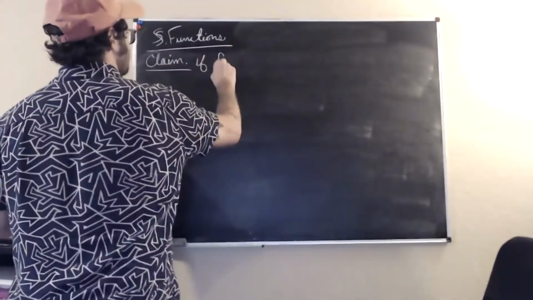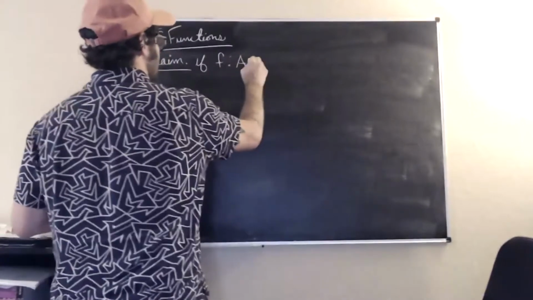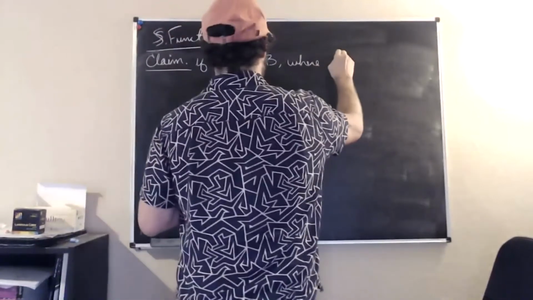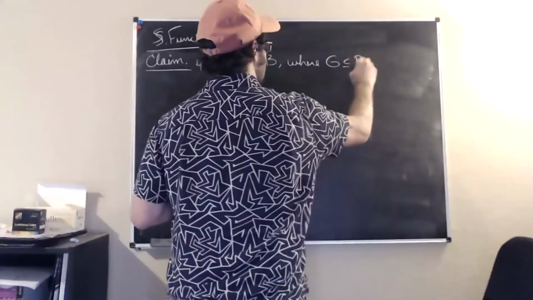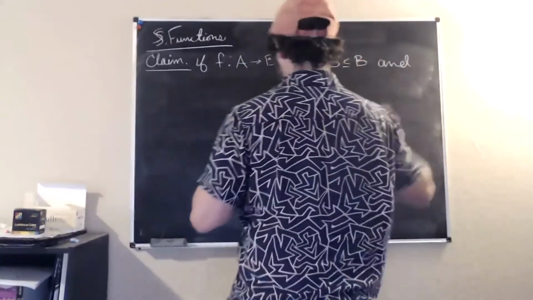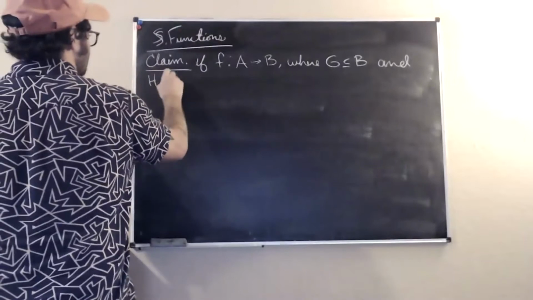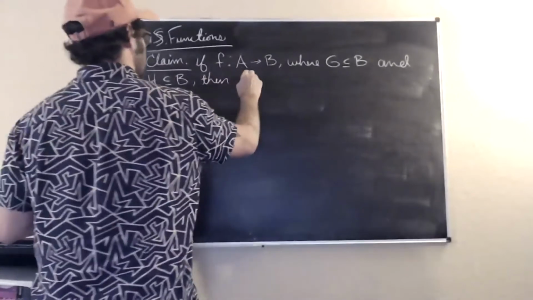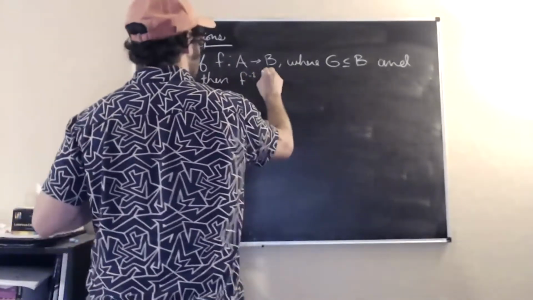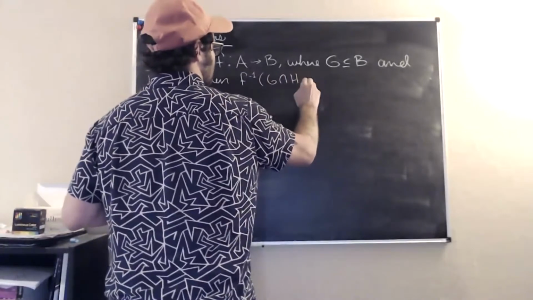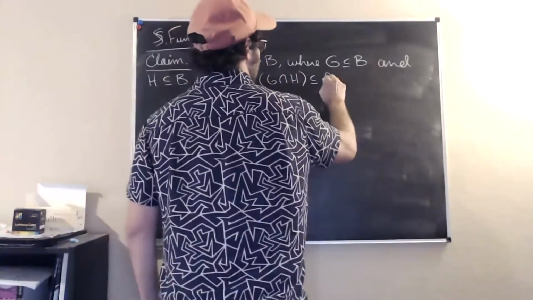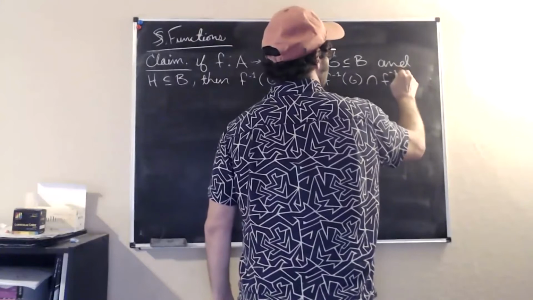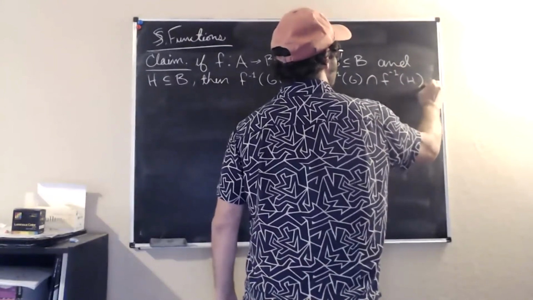So if f maps A to B, where G is a subset of B, and H is a subset of B, then the inverse image of G intersect H is a subset of the inverse image of G intersect the inverse image of H.